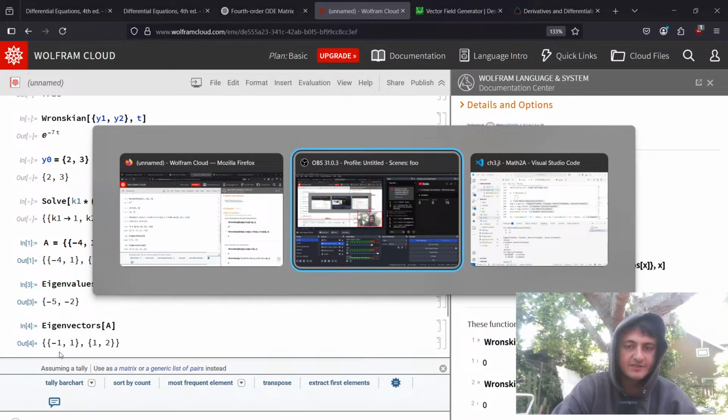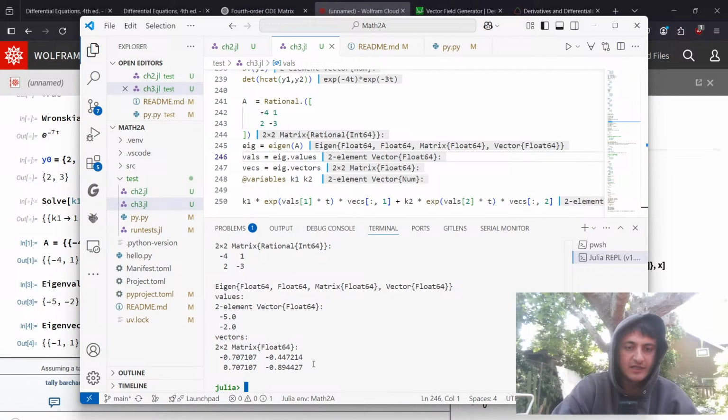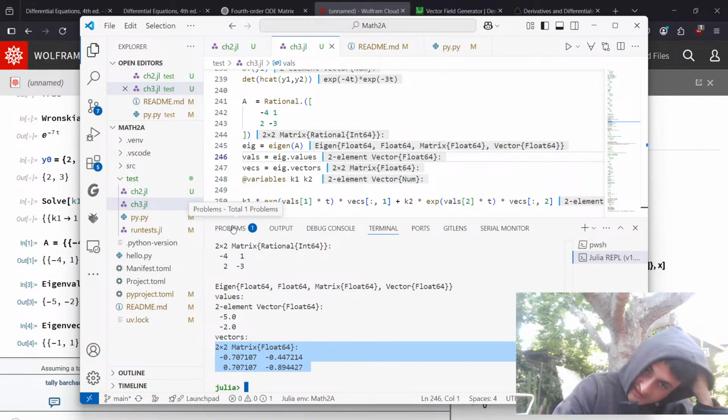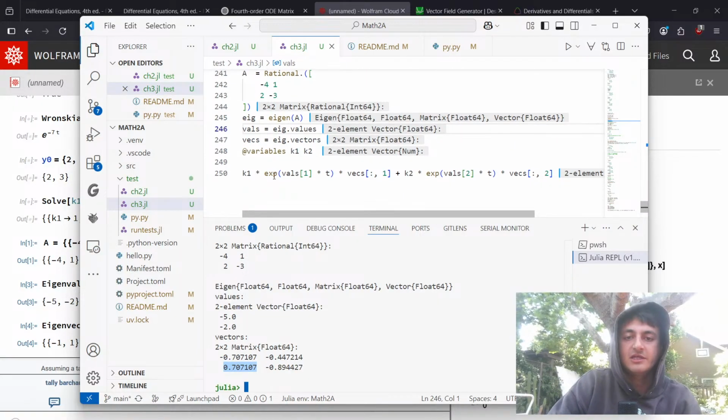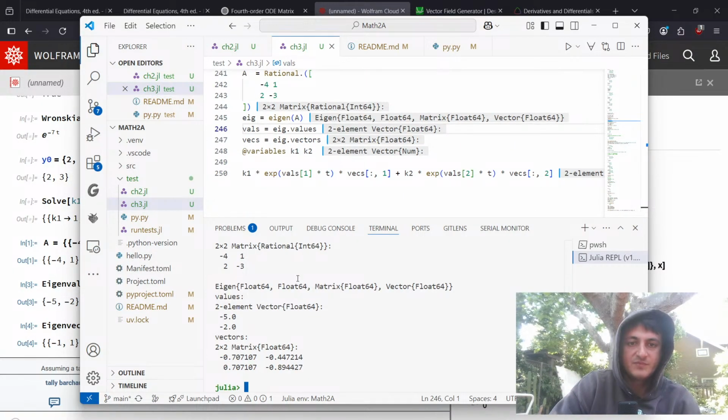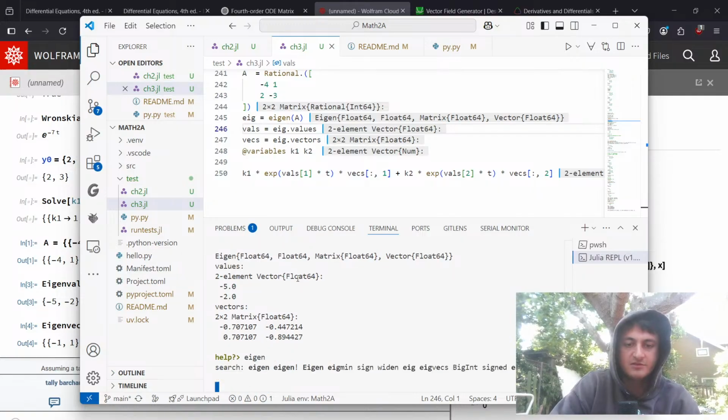Yeah, see how it scaled it not to be unit. I prefer when it's not unit, because they scale this so that a squared plus b squared equals 1, but it's just kind of like, why are you doing that? I wonder if actually there's settings to eigen. Is there a way to control that?